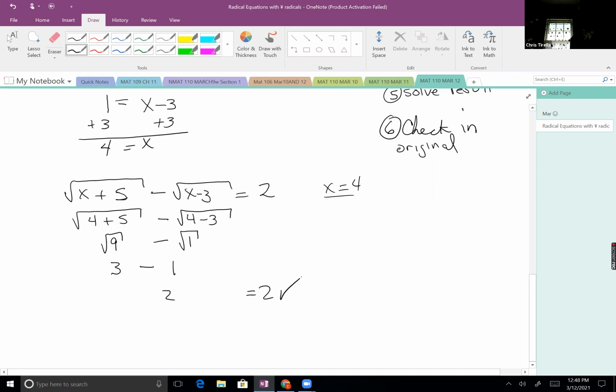I think there are only 2 of these in your homework, 2 of them with 2 radicals. You're not going to see it a lot, but what you have to remember is that if I have 2 radicals, I have to square it twice.